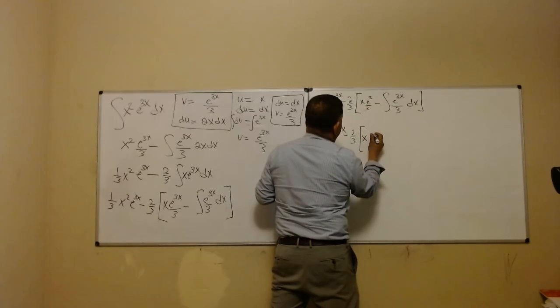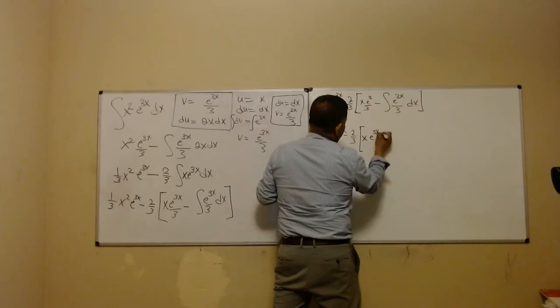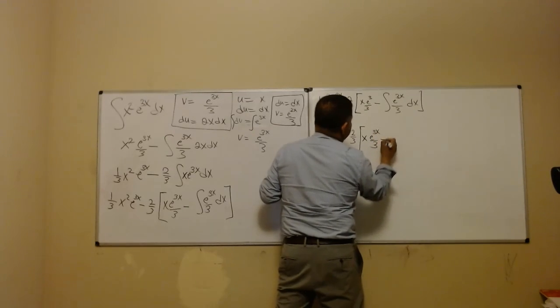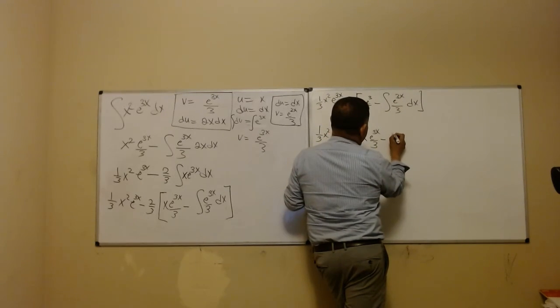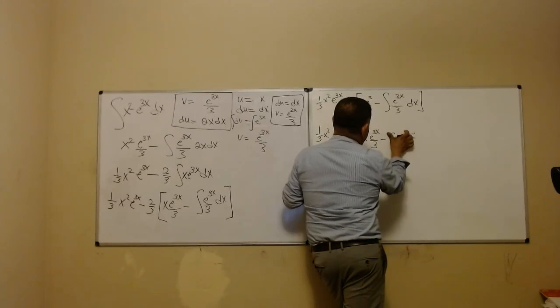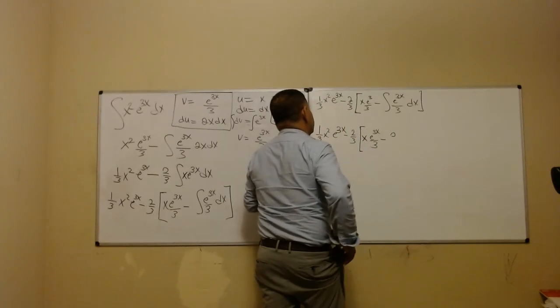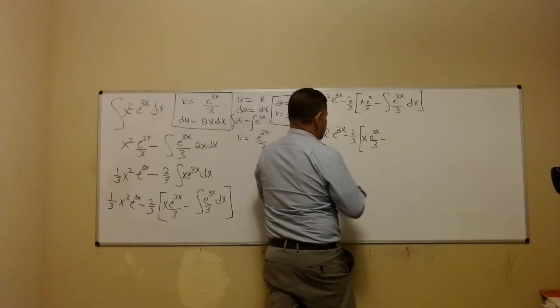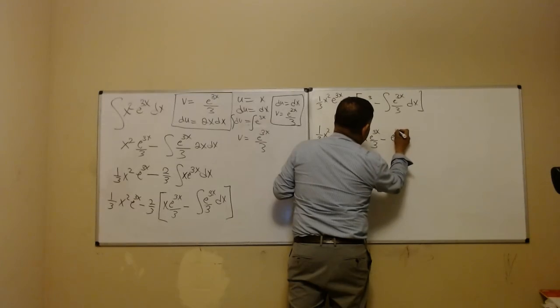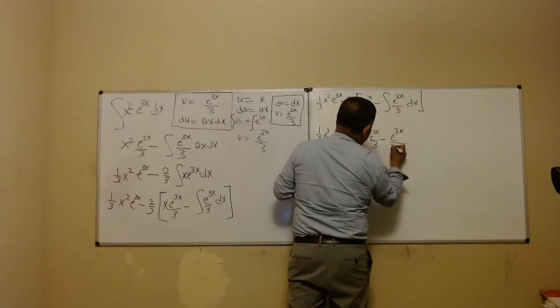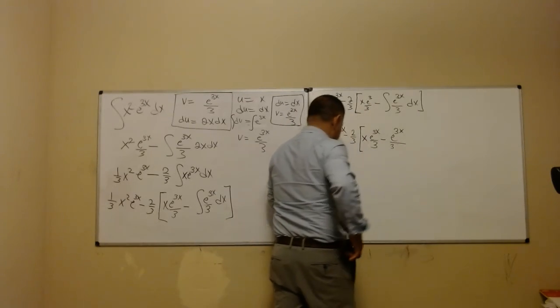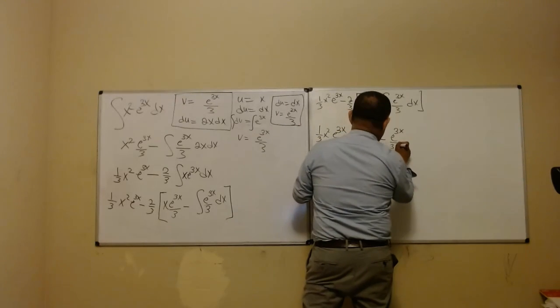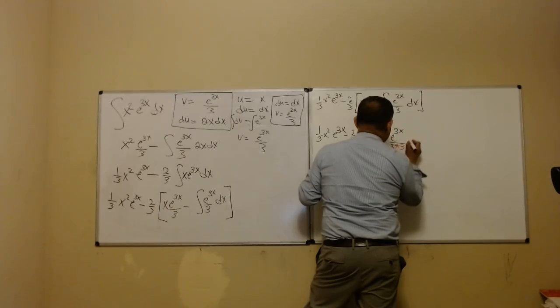This stays like that, x, and then e to the 3x over 3 minus the integral of that, which is going to be simply e to the 3x over 3 times 3, right?